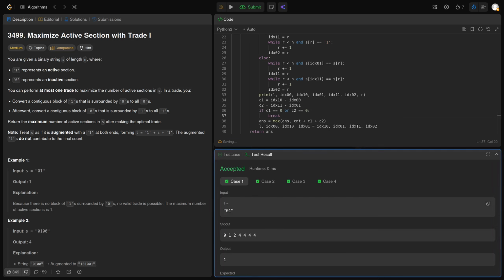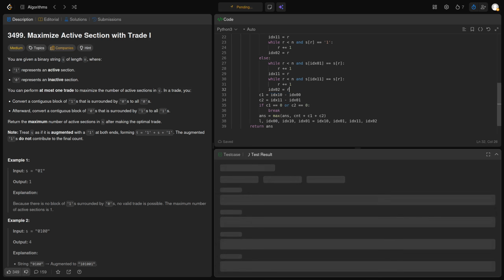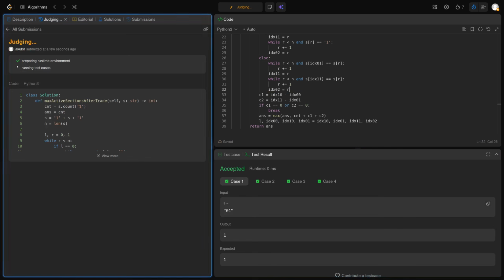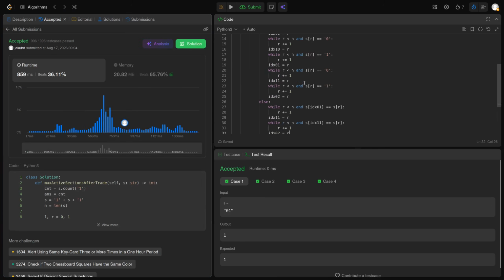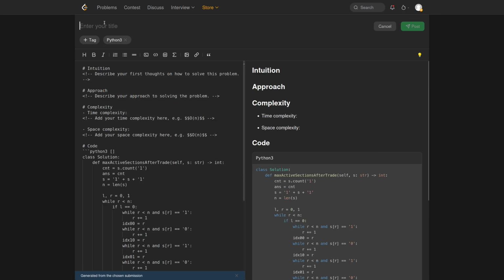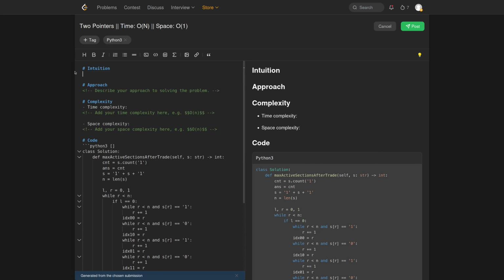Break, or maybe, yes, let's see the wrong answers. No way it works. That's crazy, that's the most ridiculous solution. Okay, that is ridiculous. First submit, that's crazy.